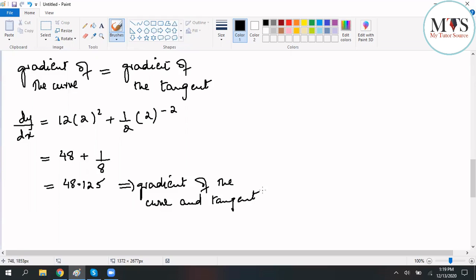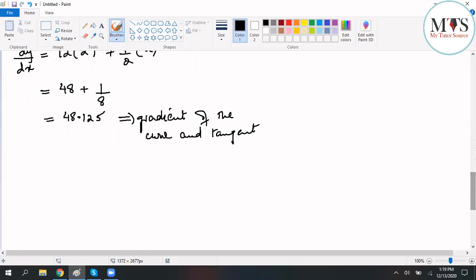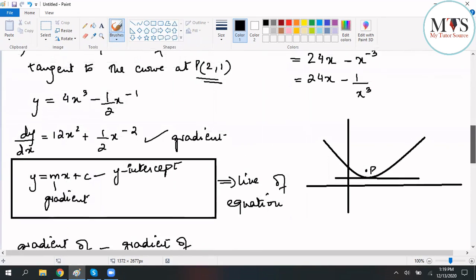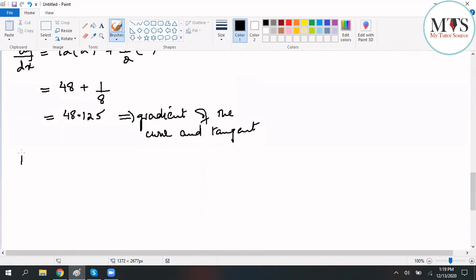So now the next thing is finding the equation of the line. We have the point 2, 1, and we have the gradient. We can use the line equation y minus y1 equals m times x minus x1. Are you familiar with this?